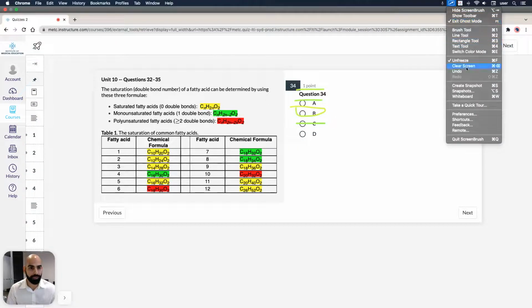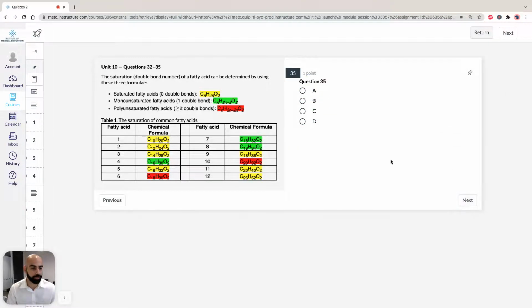If we move over to the last question now, question 35, again, same principle with using these equations. We're asked which one is going to have the highest iodine value: capric, gadoleic, or arachidonic acid. If you use these formulae, you'd know that arachidonic acid is a polyunsaturated fatty acid.